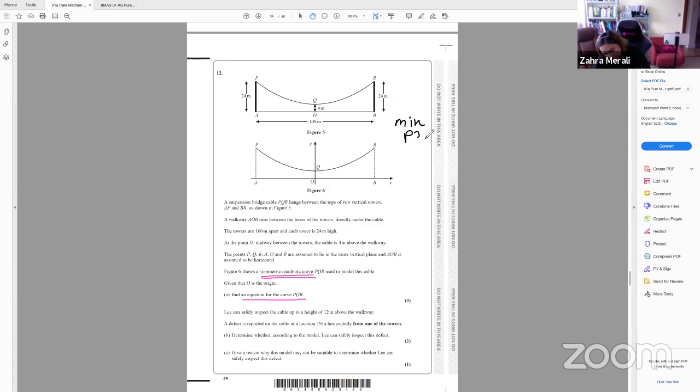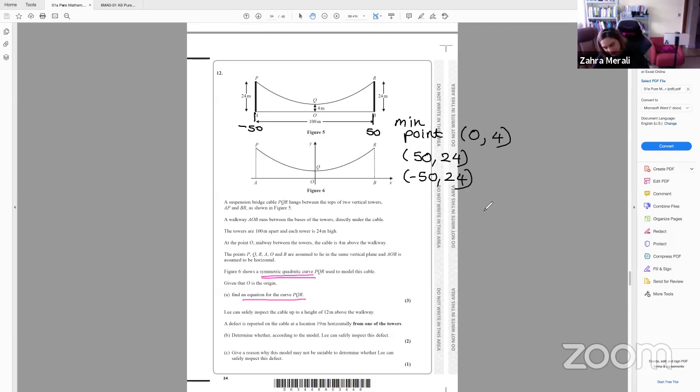So my minimum point is at x equals 0, y equals 4. And if that's symmetrical, that must be 50 and that must be minus 50 if we're looking at an axis. And I also know I have points at 50, 24, and minus 50, 24. So let's see what we know.